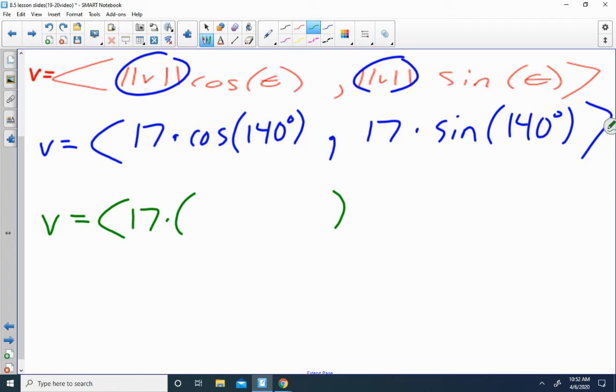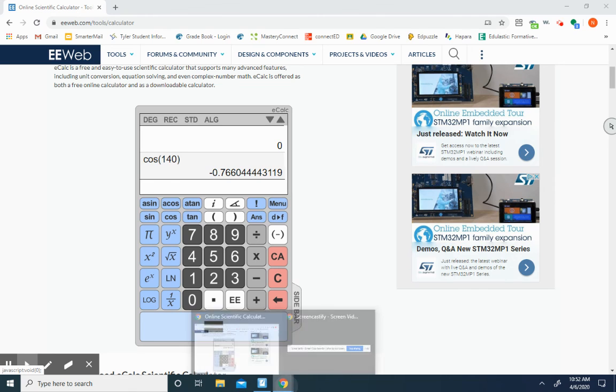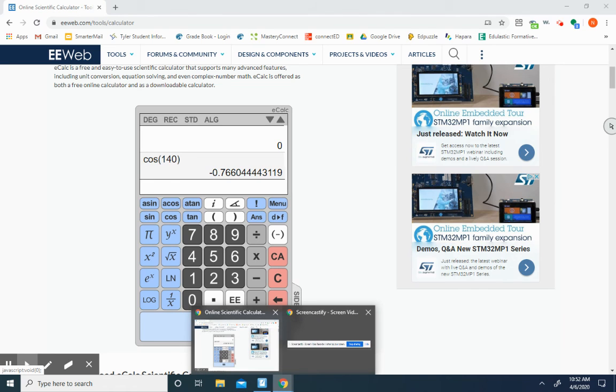So if you do cosine of 140, let's see what we get in the calculator. Cosine of 140, close parentheses. You're going to get that nasty decimal, and you're going to need to use as many decimals as you can. So let's do it.